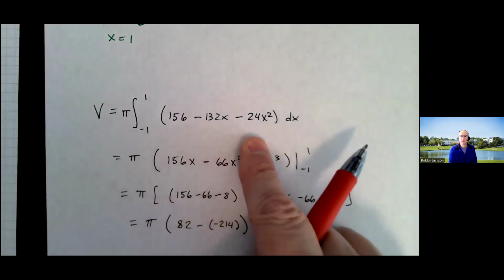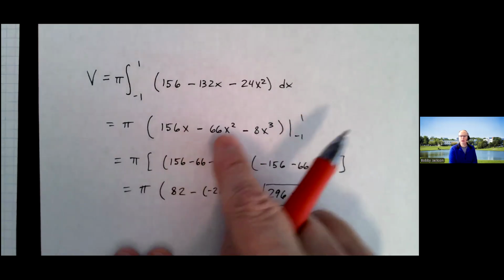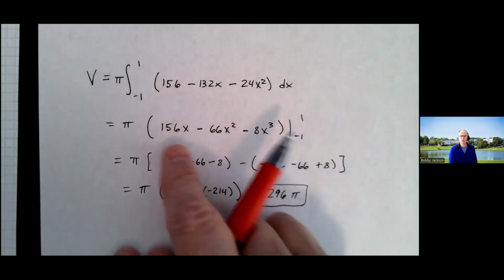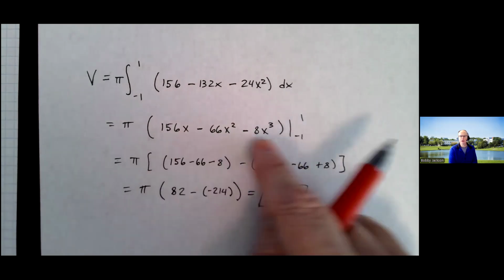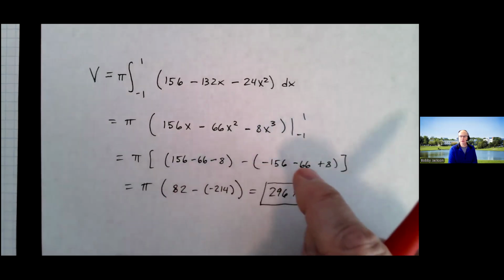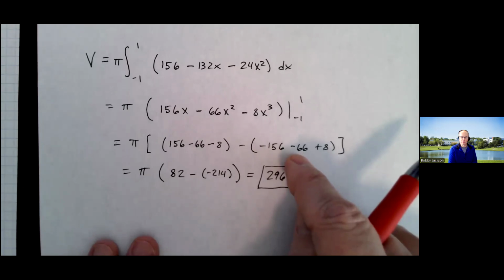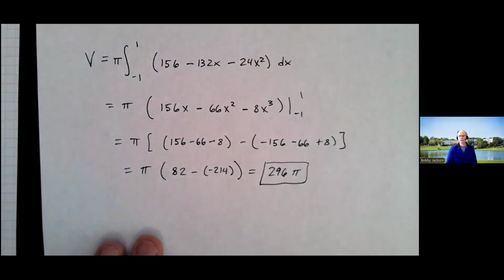There's that simplified polynomial. Finding the antiderivative is pretty easy using the power rule. Hopefully this makes sense. Let me know if not. Plug in x equal 1. Plug in x equal -1. Be careful with your signs and everything. And then simplify, and I get 296 pi.